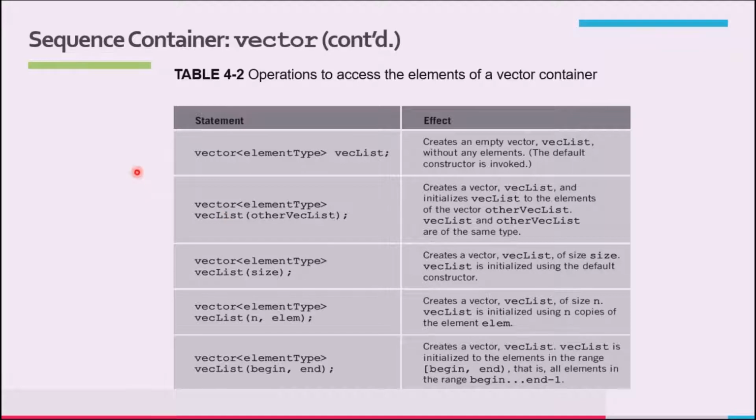Now from table 4-2, it follows that the elements in a vector can be processed just as they can in an array. So recall that in C++, an array starts at location 0. Similarly, the first element in a vector container is at location 0.